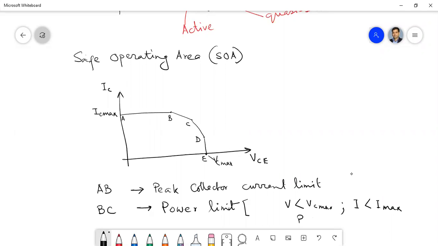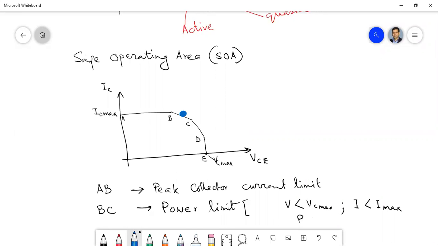So power should be below this. If you have selected some voltage, that voltage is less than your VC max and the current is also less than your IC max, so you think that is safe, but you have to calculate the power. How? By multiplying the voltage and current value at that point.